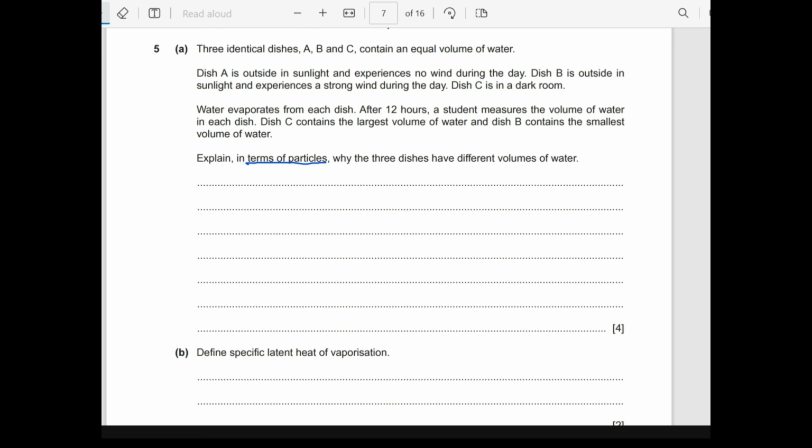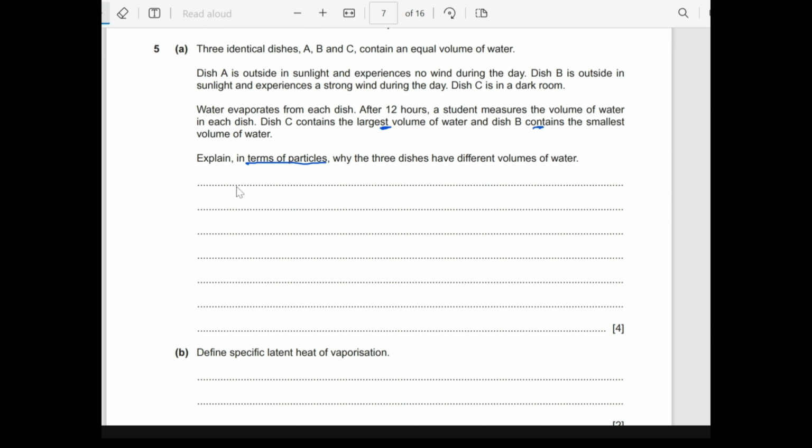So you're being told that dish C contains the largest volume and dish B contains the smallest volume of water. Dish C was in the dark.